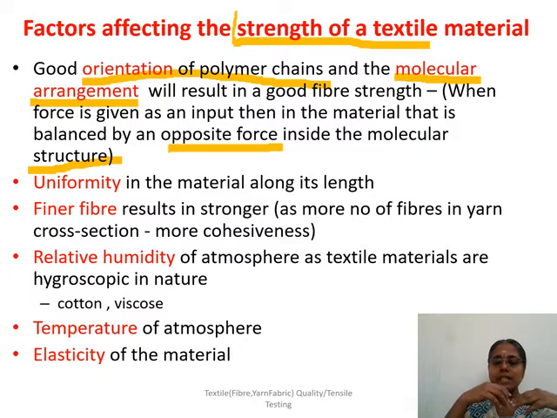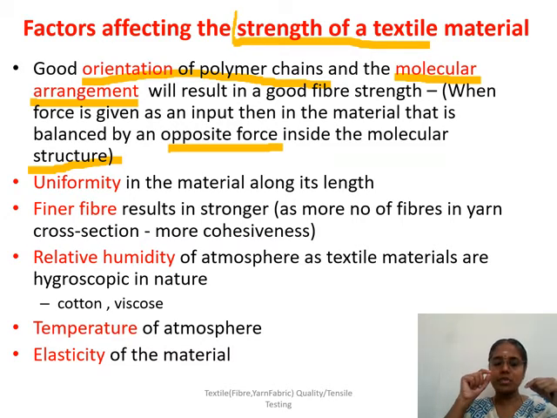And next, most of our textile materials are moisture absorbing. The amount of moisture present in the textile material has an influence on the strength. For example, if it is a cotton fiber, on absorbing moisture, to some extent, the strength increases.